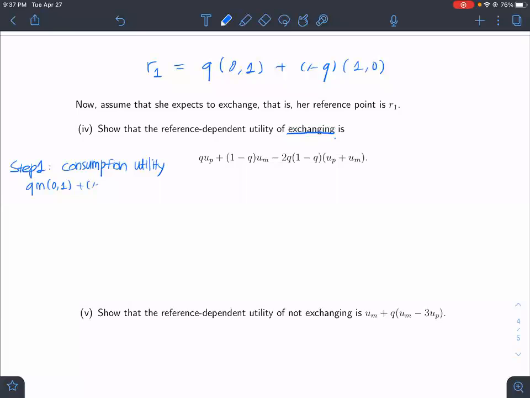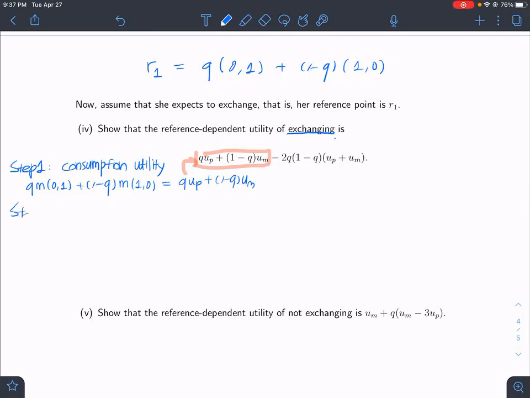If I do not trade, then I'm just keeping my mug. So my consumption utility is QUP plus 1 minus QUM, which is here, the first part.